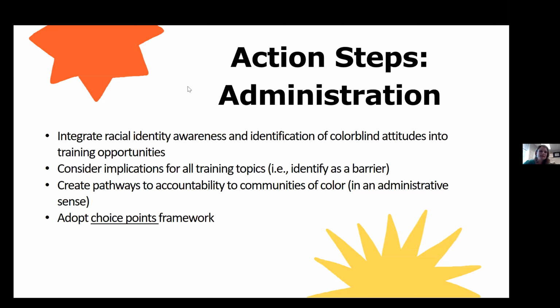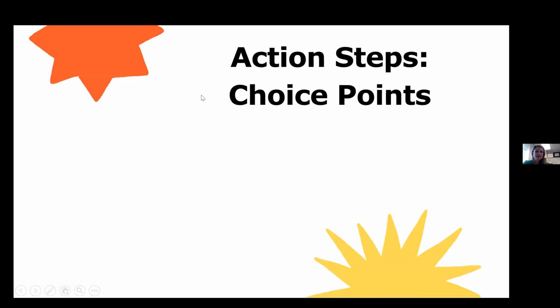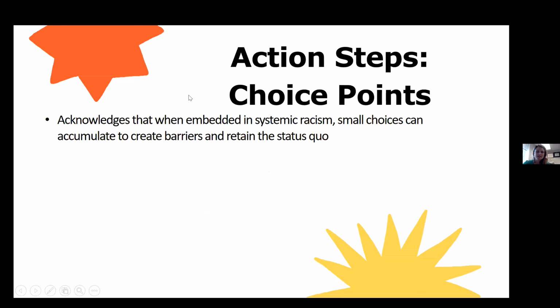And then I always recommend adopting what they call a choice points framework. I have a slide on that. It's a very easy way to integrate this into your day-to-day actions in administration. The concept behind it is that when you're in essentially a racist system, really small choices accumulate and retain the status quo.